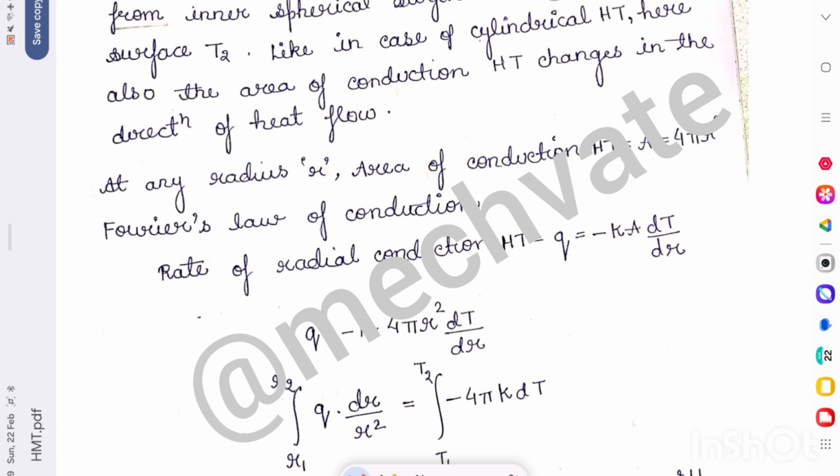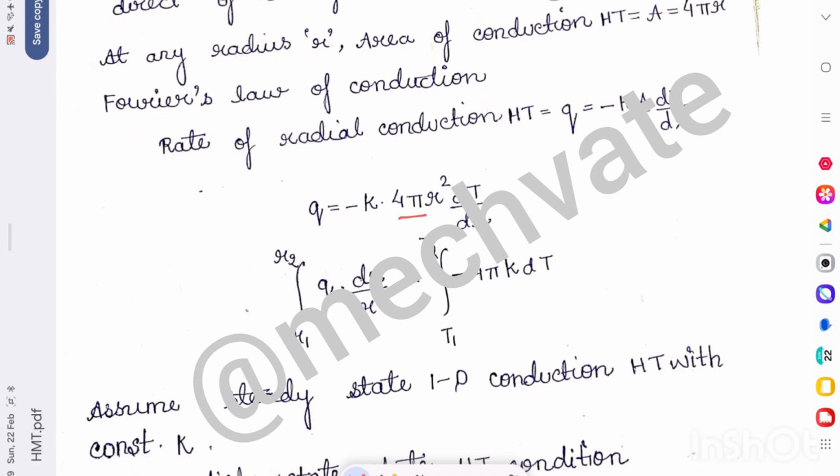By Fourier law of conduction, the rate of radial conduction heat transfer Q is equal to minus K A dT by dr. Substituting A, Q is equal to minus K 4 pi r square dT by dr. Then integrate it over R1 to R2 and temperature T1 to T2.